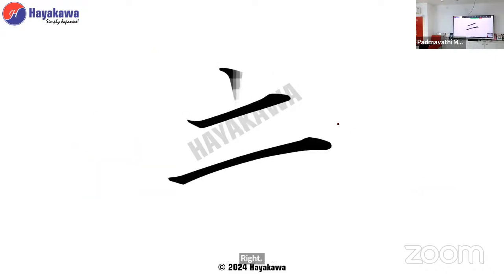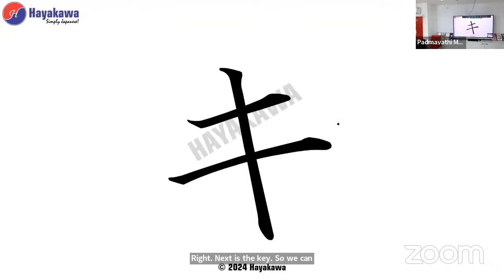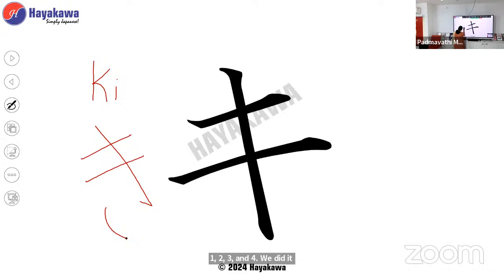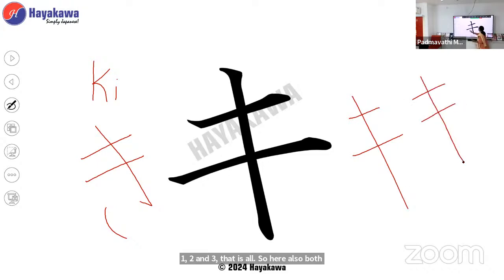Right. Next is the ki. So we can easily compare it with hiragana ki. When you compare it with hiragana ki, 1, 2, 3, and 4, we did it like this. But we are going to stop with the first 3 strokes. 1, 2, and 3. That is all. So here also both the lines can be equal or the lower line can be longer.